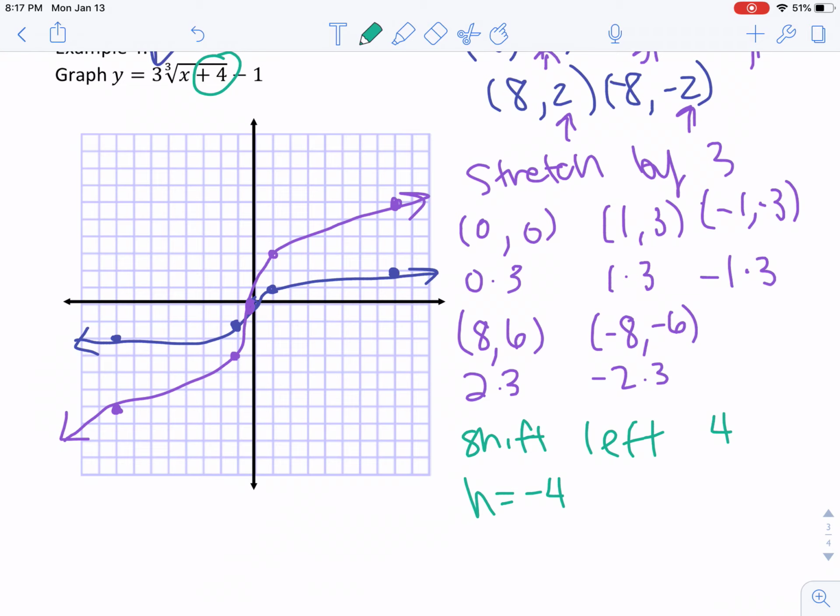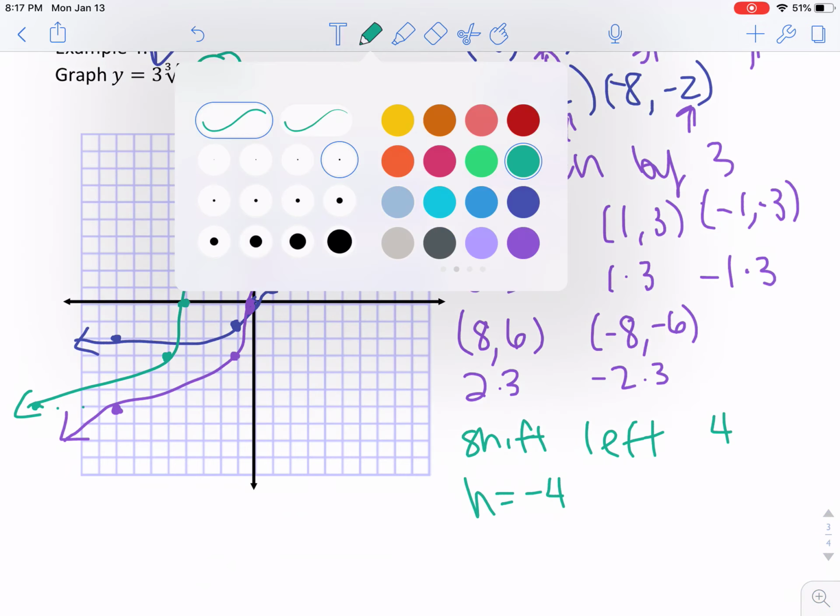So I'm taking all my x values and shifting them over 4. Don't forget to write arrows on all these. Okay, so we shifted it over 4.